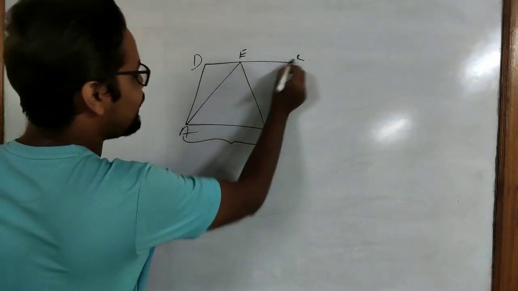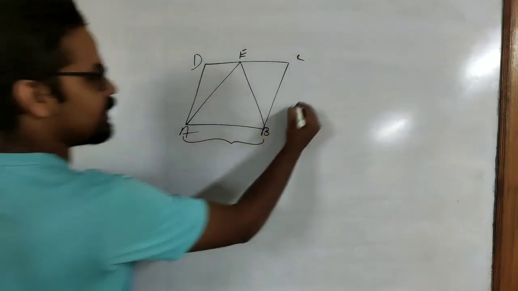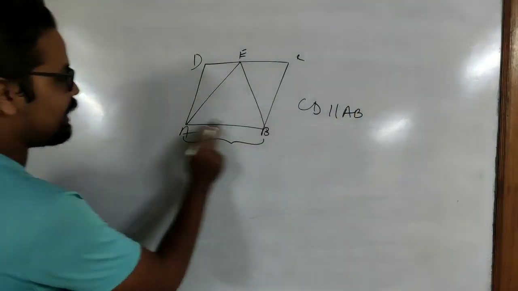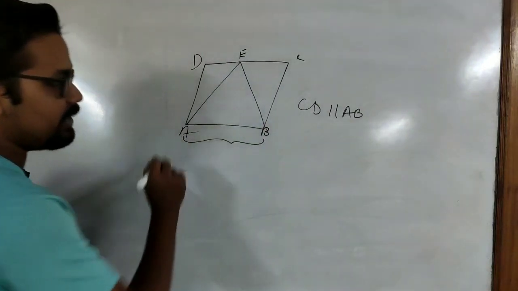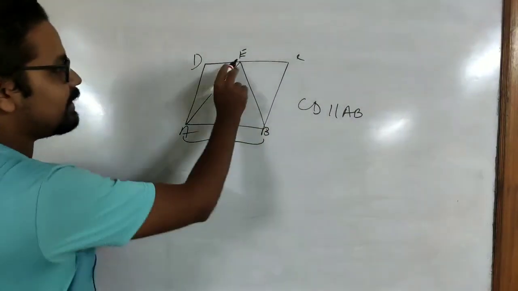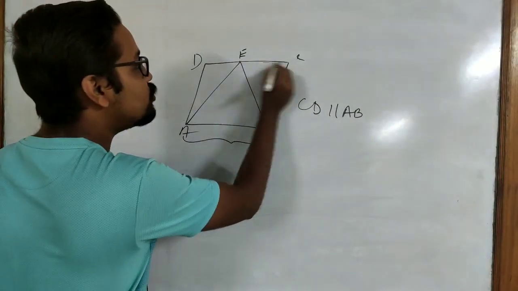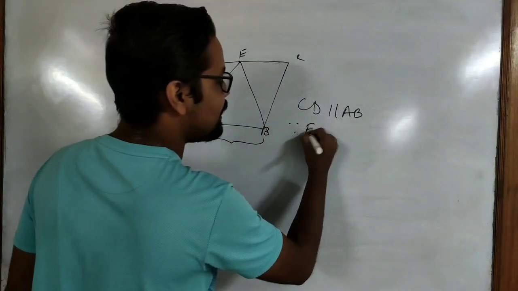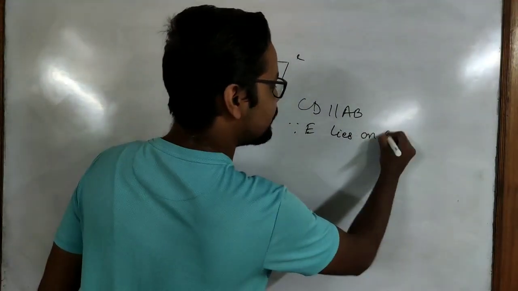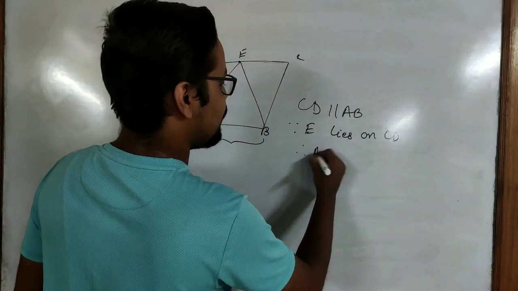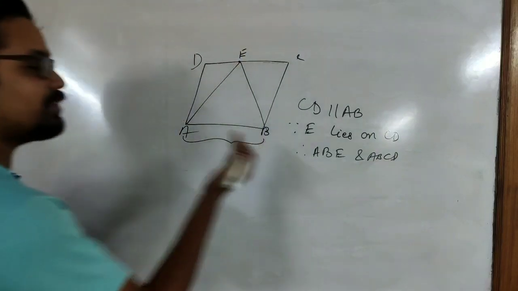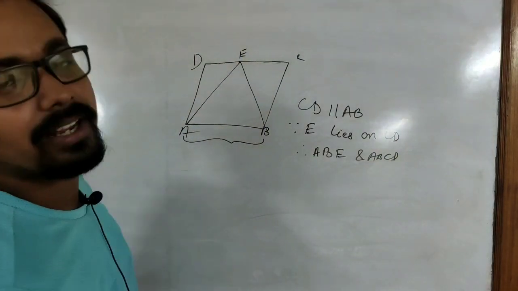Yes. CD is parallel to AB. Okay, here CD is parallel to AB. Now for the triangle ABE or AEB, the other vertex is E and E lies on CD. This point E is on CD. So since E lies on CD, therefore ABE and ABCD, they lie on the same base and between the same parallel lines.